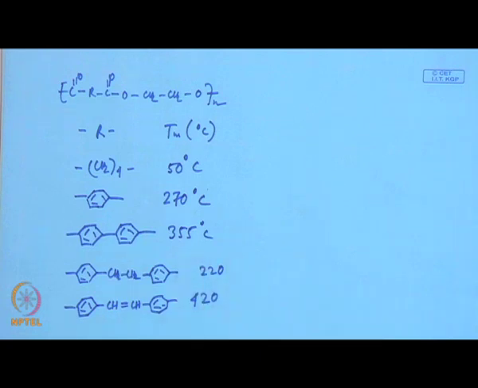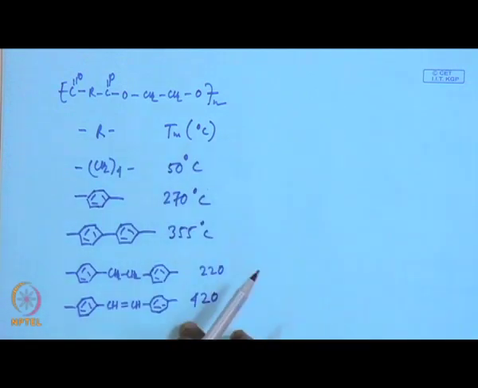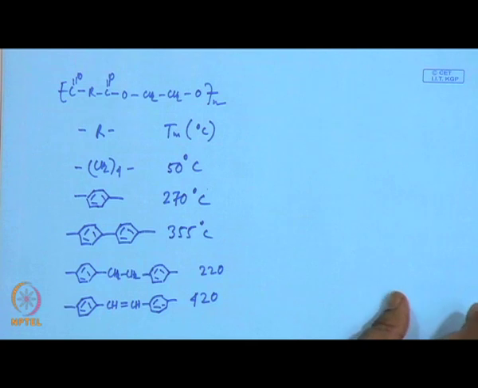So, the examples we have seen in this page and in this page confirm the understanding that if we increase the backbone stiffness, the Tm goes up.